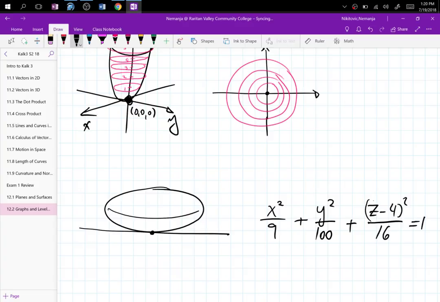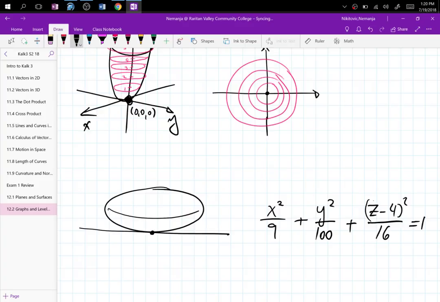So this could be a watermelon sitting on top of the desk, and you can see z minus 4 because it's 4 up, right? That's 4 feet. It's my size watermelon, all right?